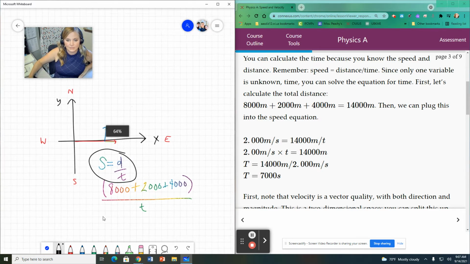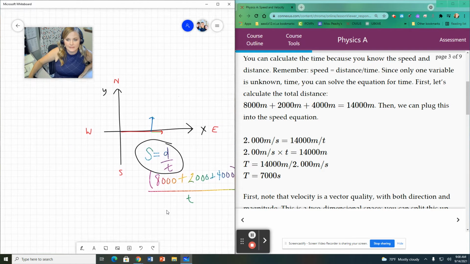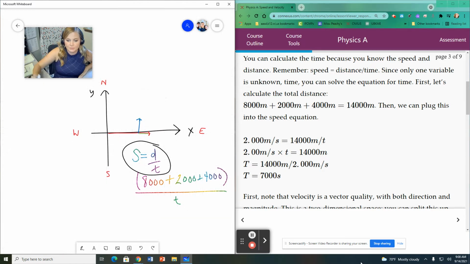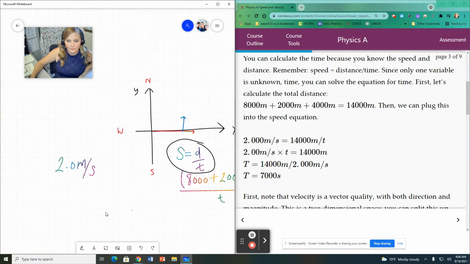So I can substitute that 2 meters per second over here in for speed. I know my distance, if I sum that up, is 14,000. So if I rearrange this equation, and I'm actually going to go back a little further.